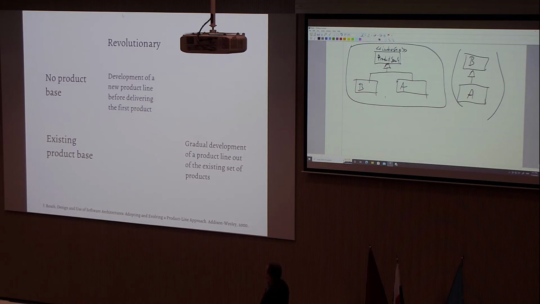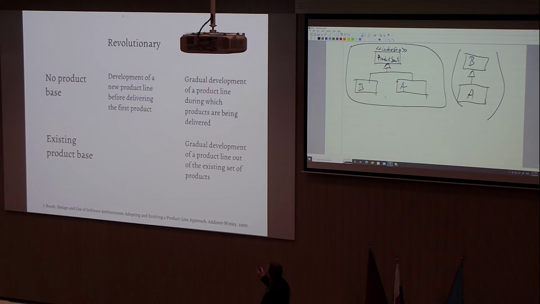Of course, this looks like a matrix, and it is a matrix, but not that kind of matrix. So there are two options, the most prominent options probably, but also you can have no product base and approach things evolutionary.